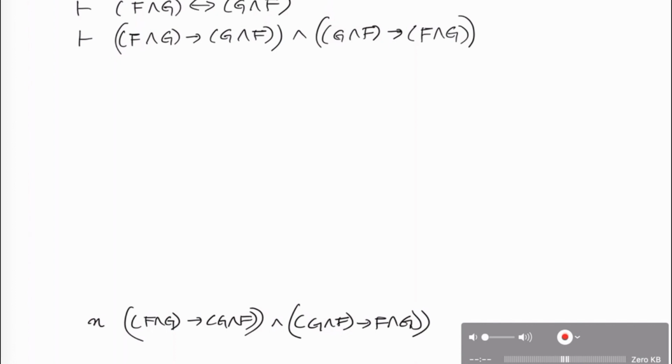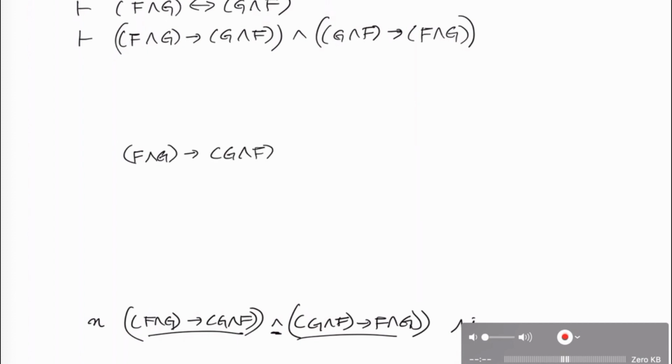Okay, so how do we prove this? Now, look at this last formula. The formula has the form of a conjunction. So our proof strategy tells us, why don't you try to prove each of them and then use the conjunction introduction rule later. So what I expect to do is somewhere in the proof, I want to derive this.